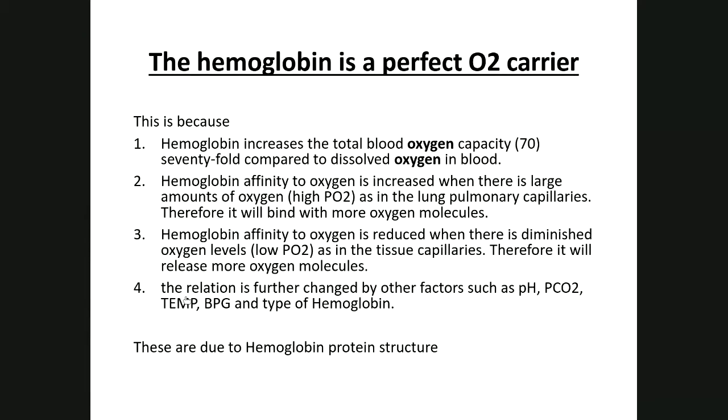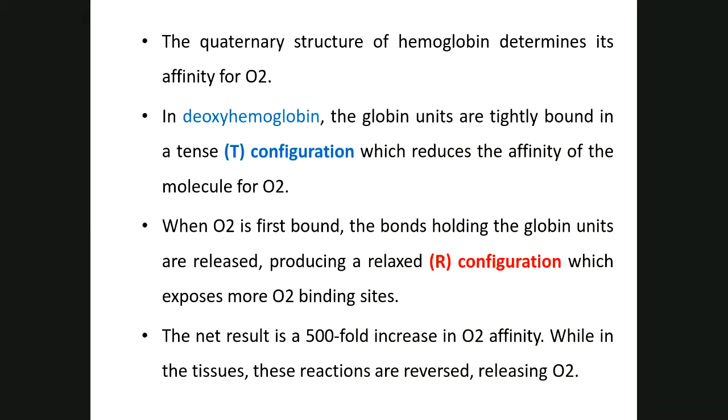Now, how does that happen? This is mainly due to the protein structure, which I have just explained to you. This quaternary structure of hemoglobin is able to change when it attaches to oxygen. It changes from a tense configuration to a relaxed configuration, depending on the availability of oxygen. I'm not going into details, but this is just so you know about it.